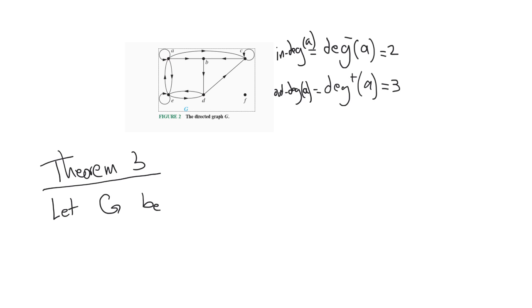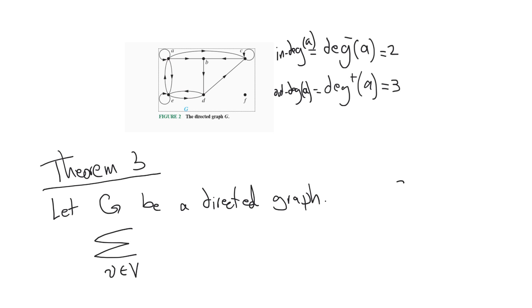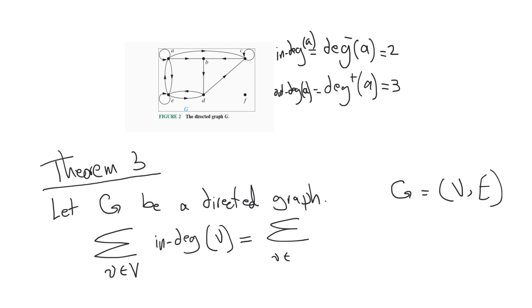Let G be a directed graph, then recall that G is the ordered pair of V and E. The summation over all the vertices of the in degree of v is equal to the summation over all vertices of the out degrees, and this is exactly the total number of edges.